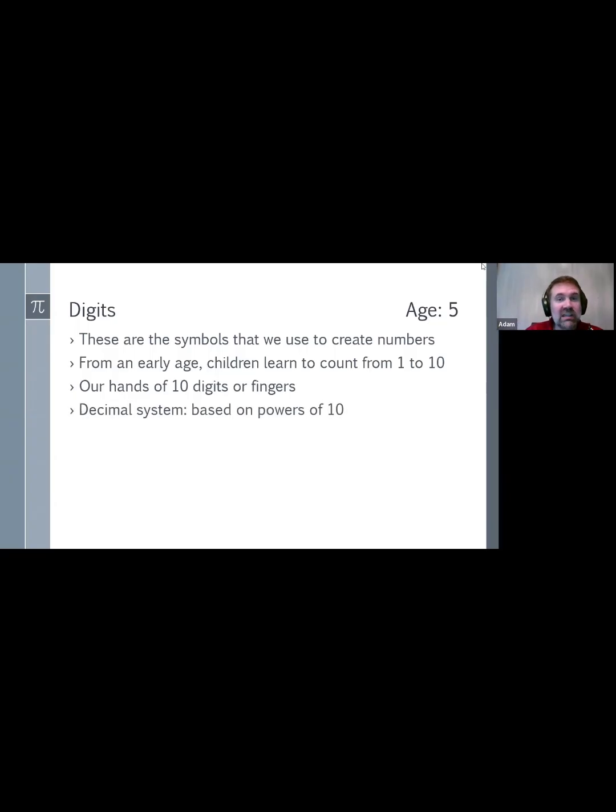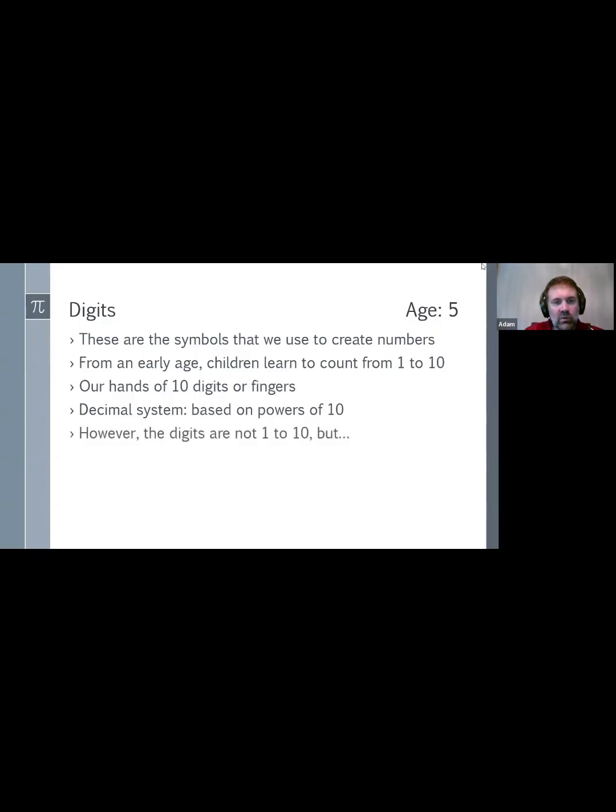And it's called the decimal system. There are other systems, and if you look at the second week, you'll see other systems like binary and other versions of numbers that we could create, but we use the decimal system. These numbers are based on powers of 10.